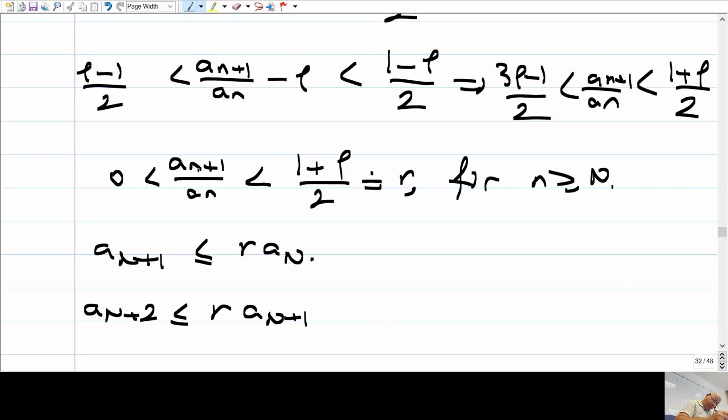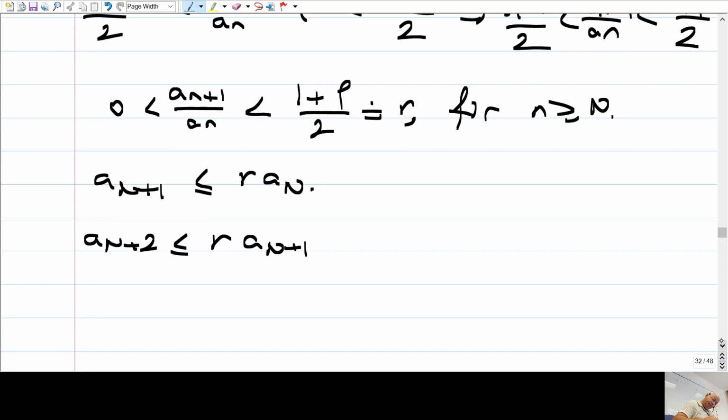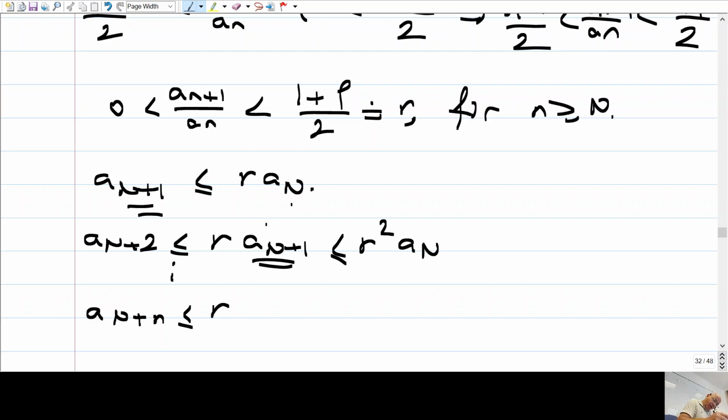Because a_{n+1} over a_n is less than r. So I have this and I have this, and keep doing this, okay? a_{N+2} is less than r squared times a_N because this is less than r times a_{N+1}.